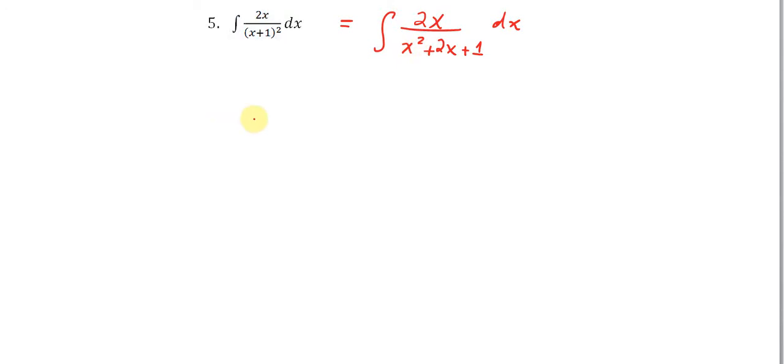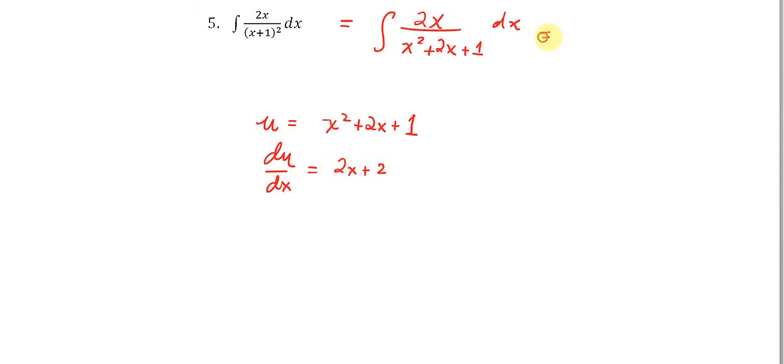So we will do u is equal to x squared plus 2x plus 1. Then du/dx will be equal to 2x plus 2, right?